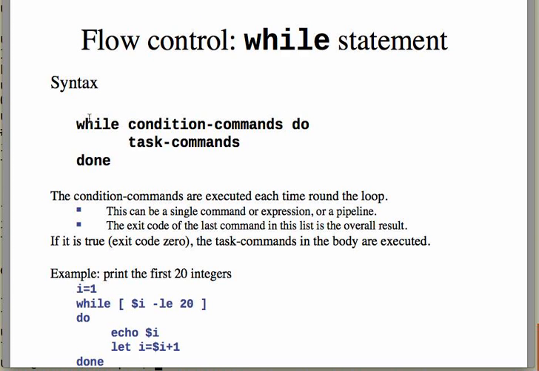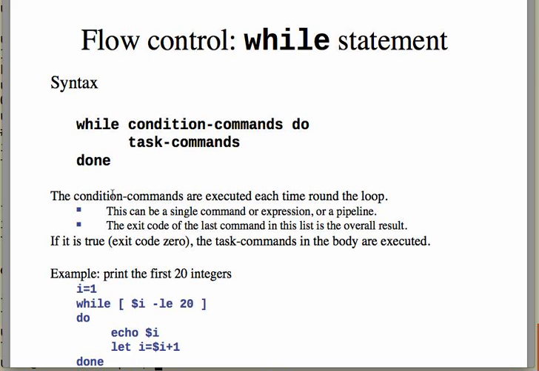Remember that with ifs, we have an if, then some condition, then the if body, followed by the fi. Here we have something similar: while, the condition, and then a do, with any number of statements here, and the whole thing ends with a done.